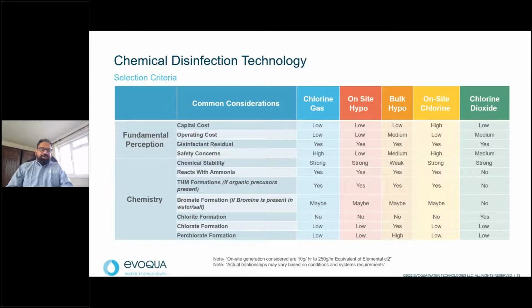So thank you, Ryan, for that comprehensive explanation on the disinfection technology, specifically on-site generation. So before going into the details of chlorine dioxide technology, I would like to touch base with the critical selection criteria of all the disinfection chemical technologies.